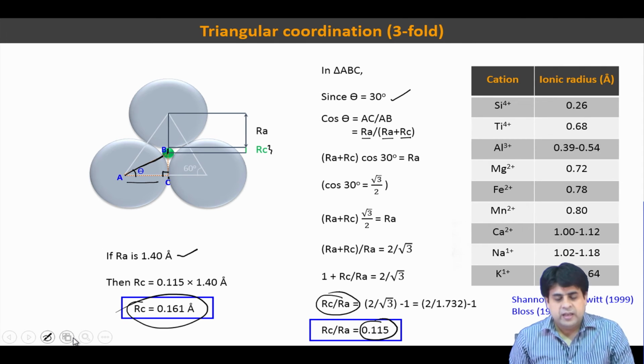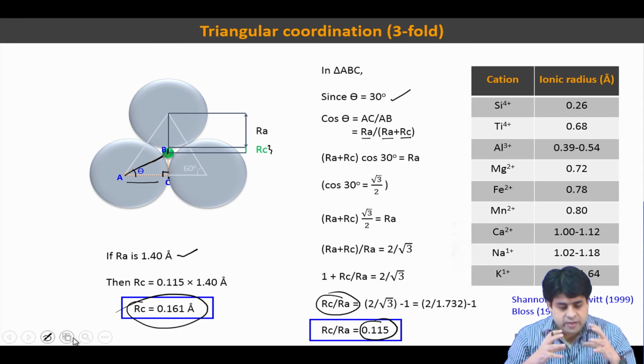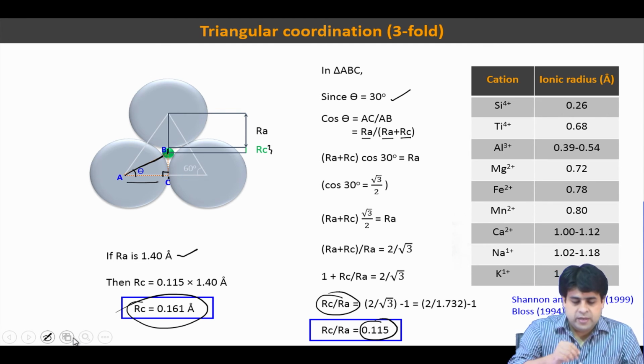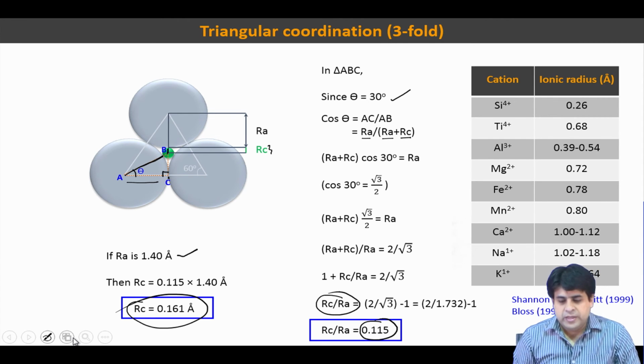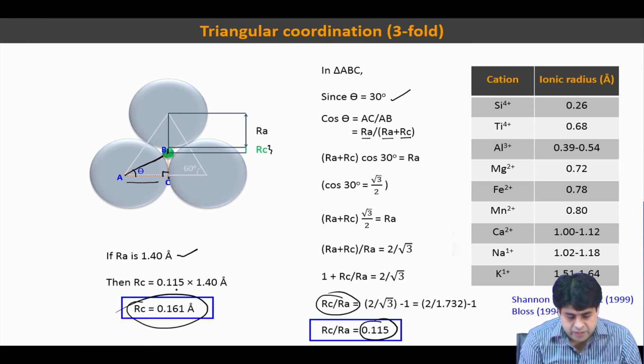So, if your cation is present in between the pore spaces of these three oxygen atoms and is connected with three oxygen atoms, it has a 3-fold coordination. In that case, the coordination principle will be satisfied when the radius of the cation is close to 0.161 angstrom.